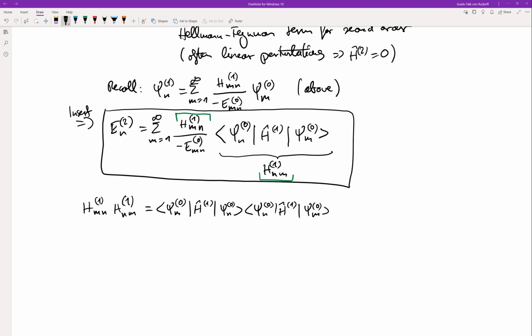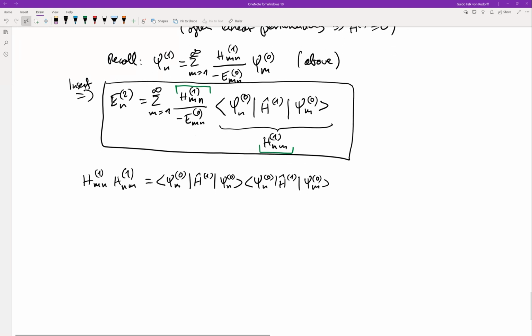We know that we can rearrange things. We can flip the order of bra and ket if we take the complex conjugate. That's universally true. So let's keep the first one as is, and let's flip the second one around.